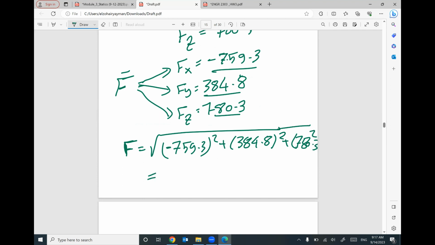Let me do it for you. Under the square root, the value of the force will be 1154.7. This is for F.